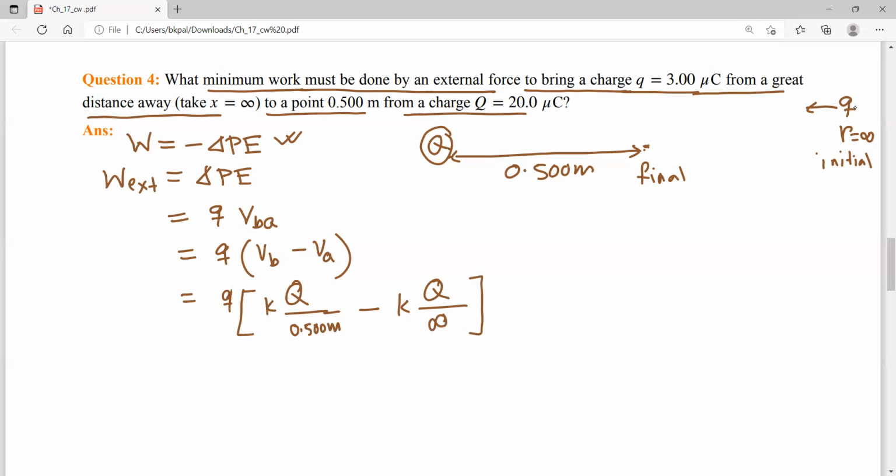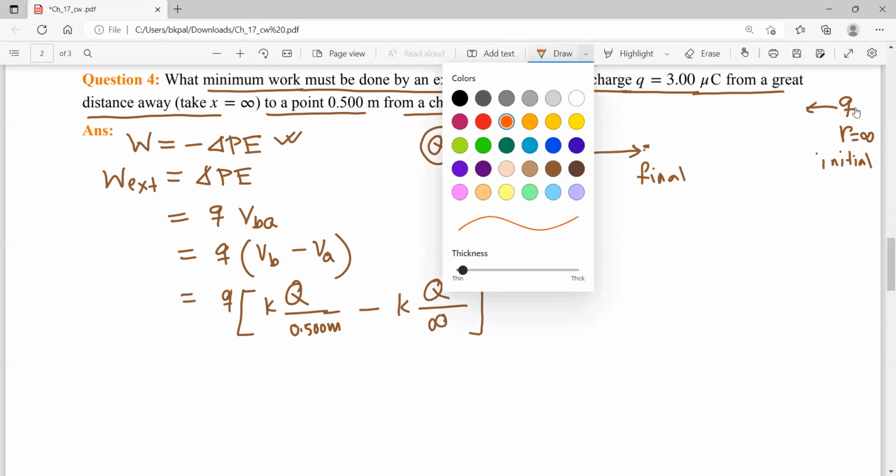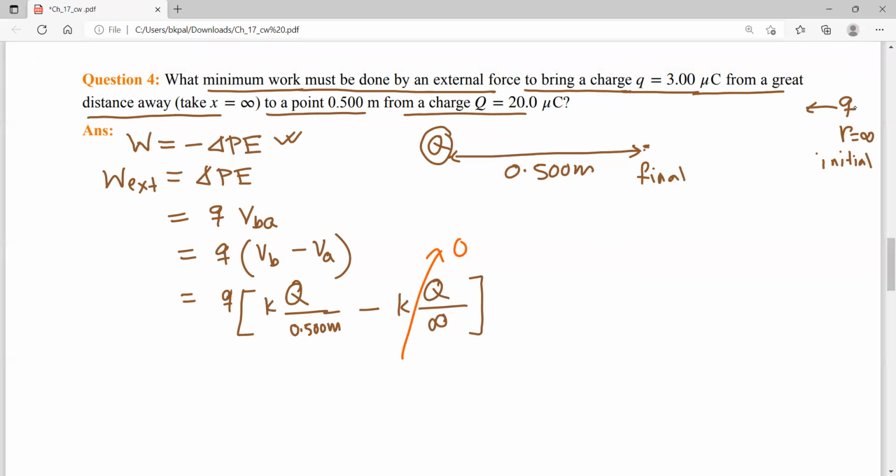Infinity in the denominator means the value is very small, so it is equal to 0. So this equation is now very simple: kQq over 0.500 meter. This is basically the external work.